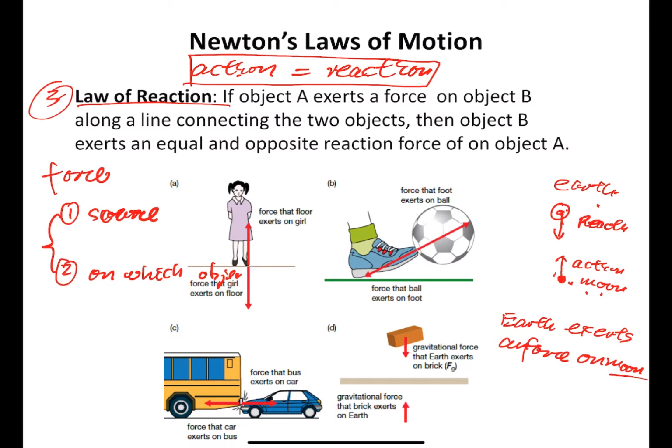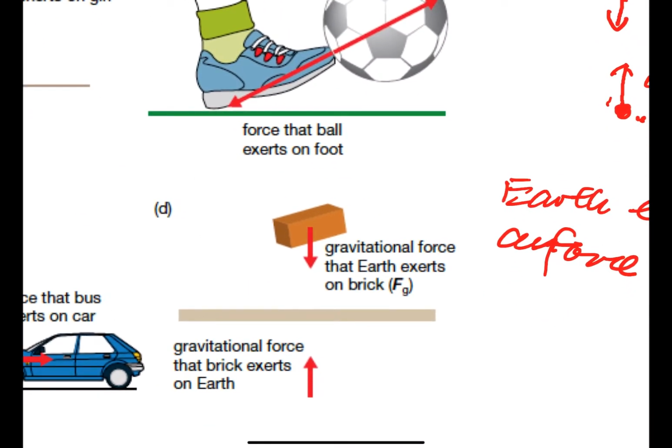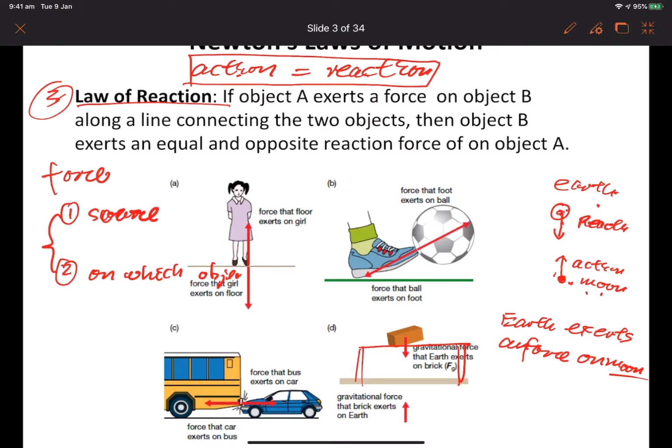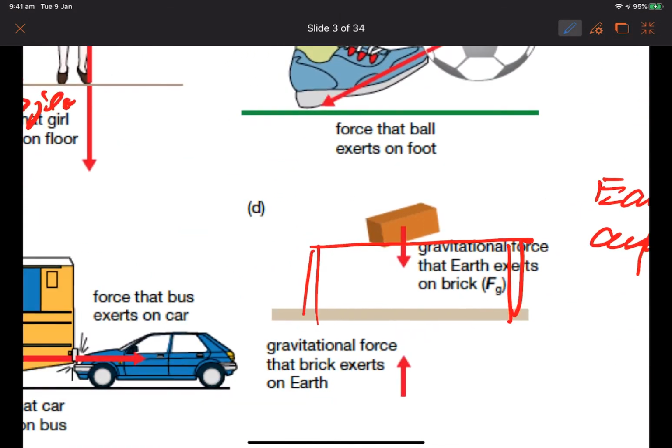So if I draw this one here, this is how I usually draw. We look at here. Now this action-reaction always appears. Now imagine this one is on the floor. So what happens is, during this time, the table will give you a normal force.